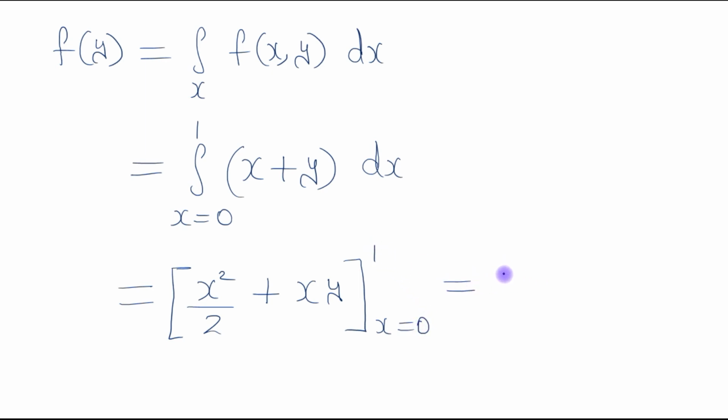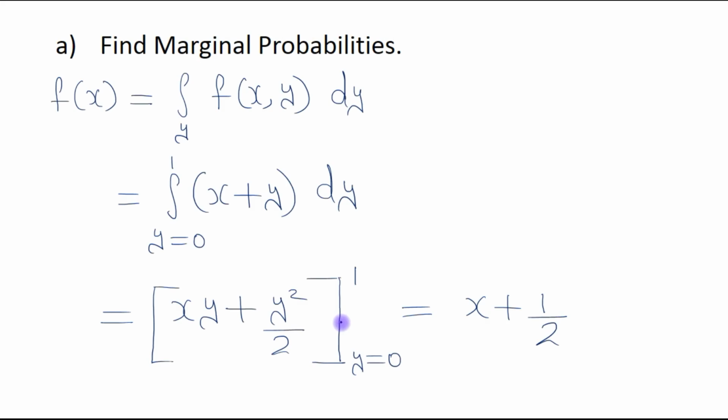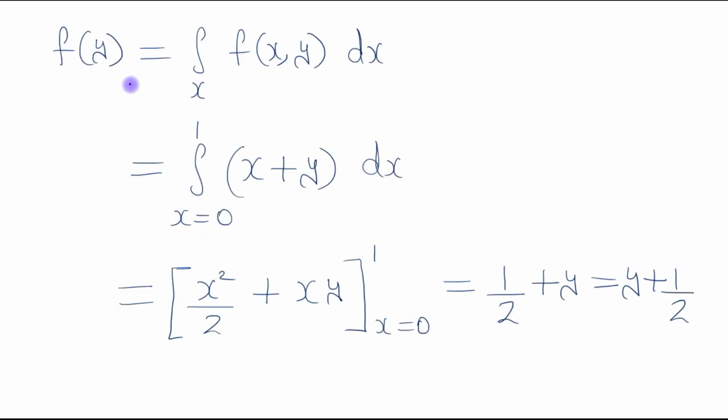And this will become 1 by 2 plus y, which can be written as y plus 1 by 2. Okay, so we have found the marginal probabilities as f x equals to x plus 1 by 2 and f y equals to y plus 1 upon 2. Fine.